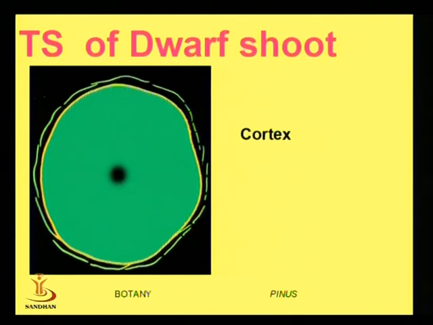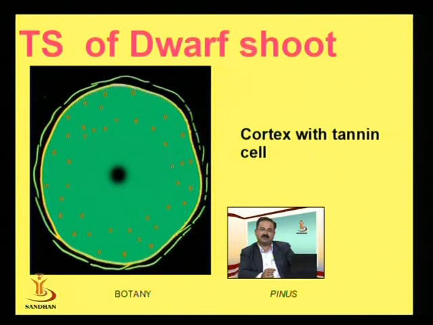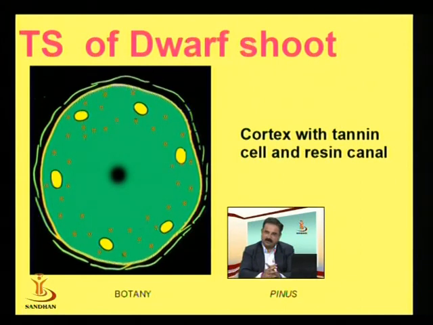The major part of the dwarf shoot is made up of cortex, and this cortex again contains a lot of tannin cells. This dwarf shoot is more prone to animal disturbance, and that's why there is a presence of tannin cells, which help in protection from animals.